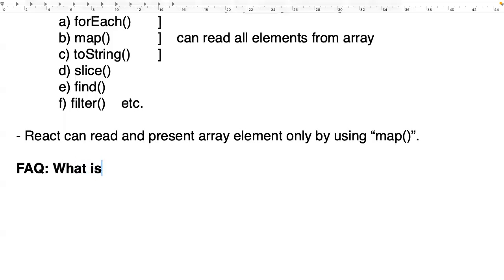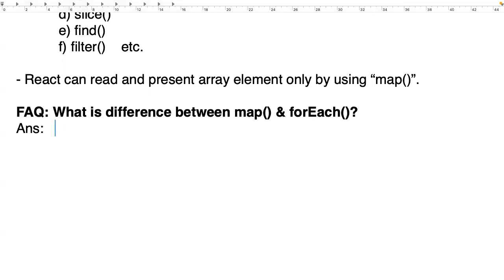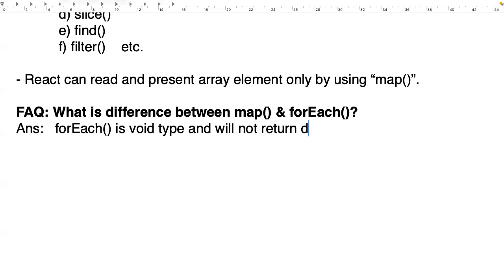So the question: what is the difference between map and forEach? forEach is void type and will not return data.